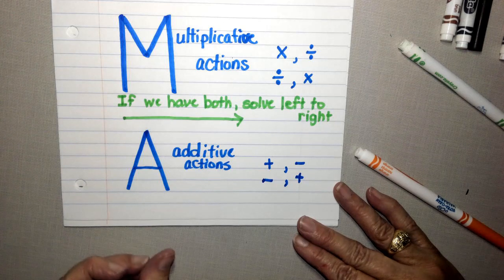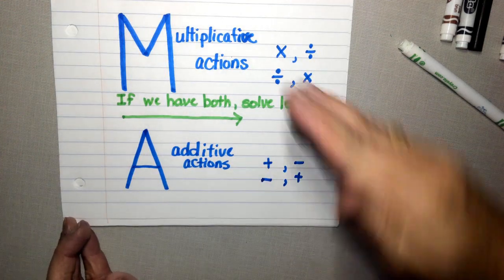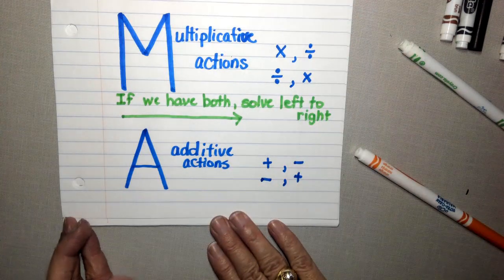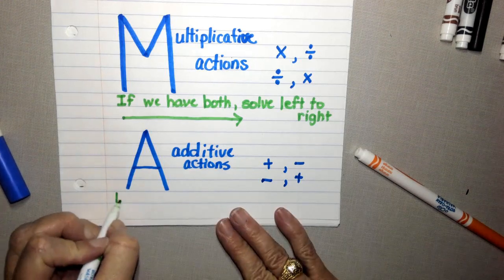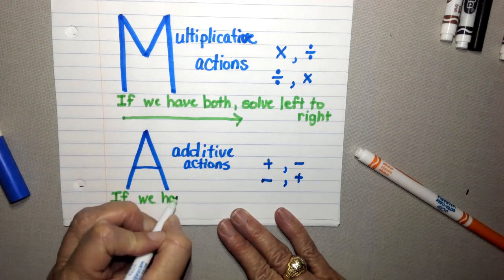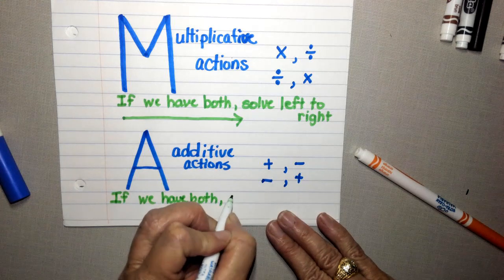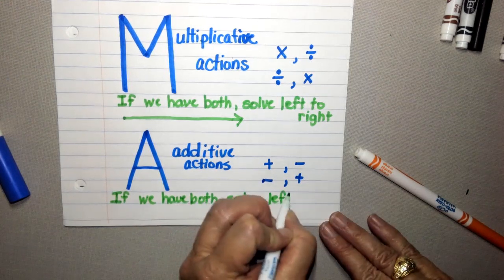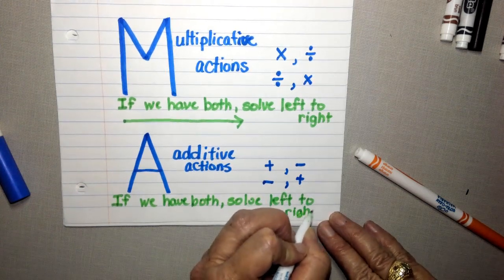So we may have both in our expression. And the same thing that we did with multiplicative actions, we're going to apply to our additive actions, which means if we have both, solve left to right. Just like when you read a book.